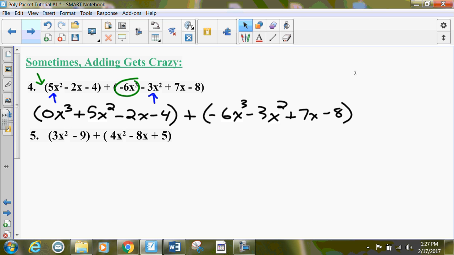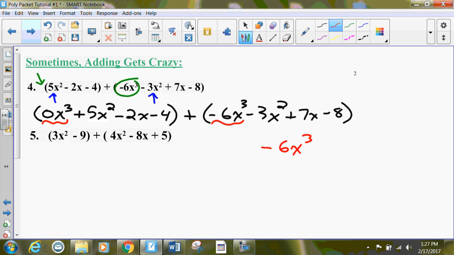I rewrote it. I'm going to use it because I'm looking at the 0x to the third plus a -6x to the third. And if I put 0 plus -6 or 0 minus 6, I'm going to get the same answer. I'm going to get -6x cubed. Then I'm going to look at the 5x squared plus -3x squared, and that's going to give me a positive 2x squared.